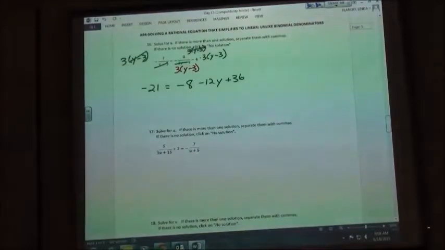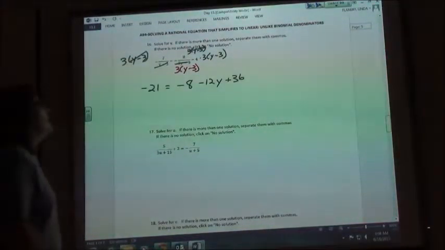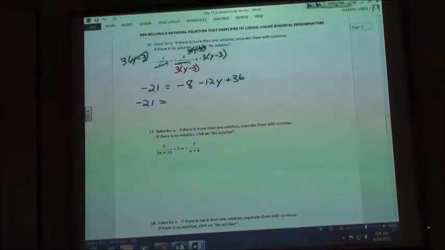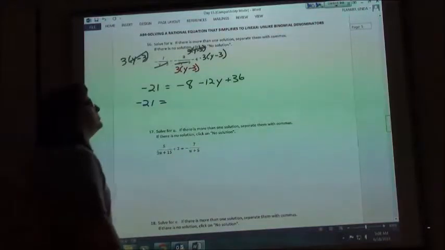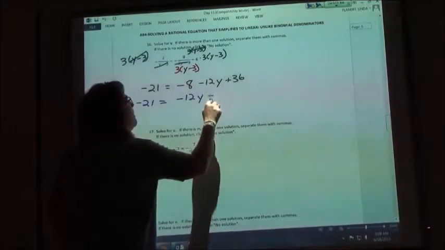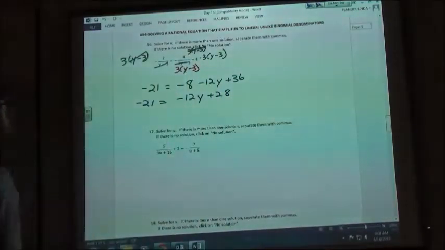So if I'm going to solve that one, what should I do? Combine like terms. So negative 21 is going to equal, on the right side, negative 12y plus 28.